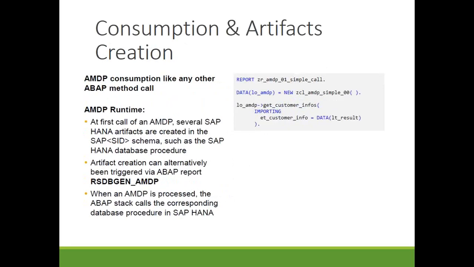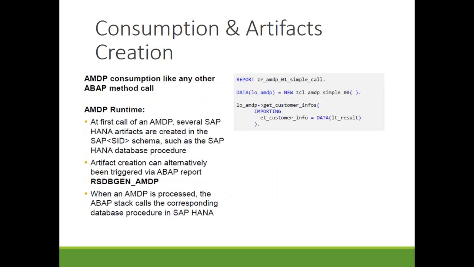Okay, calling an AMDP method is very normal. We can call it in an SE38 program, in a HANA Studio program, in a SmartForm, anywhere. It is like a normal function module. The same way you call that, you can call the class method.